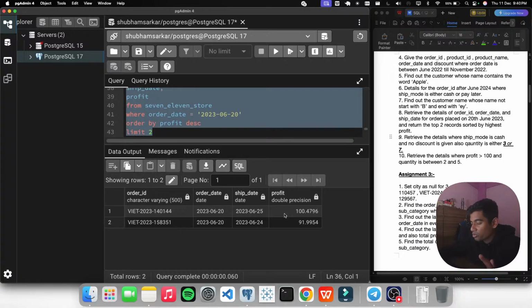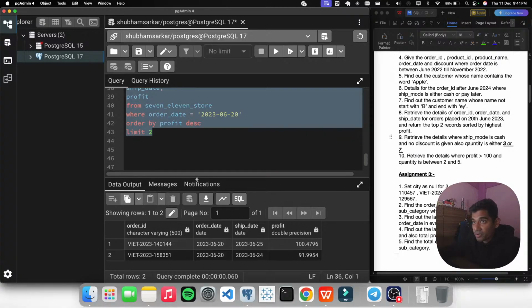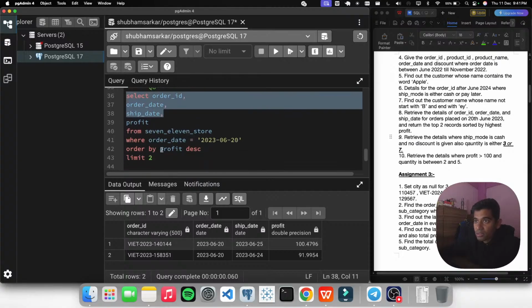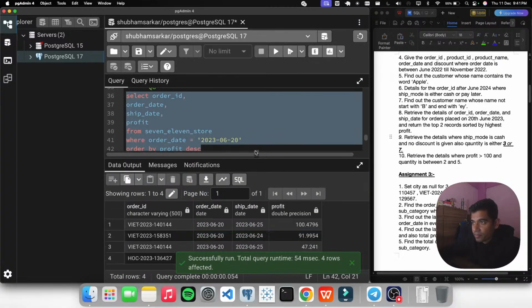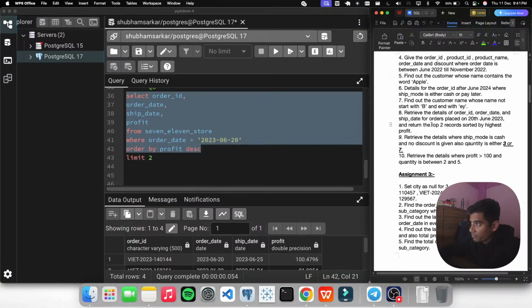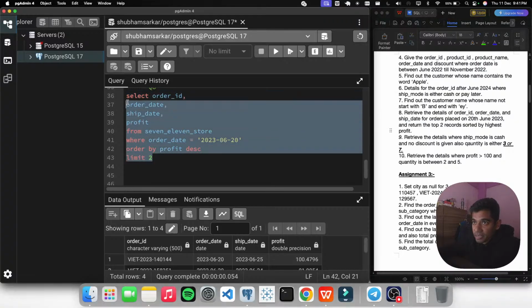Out of the four rows, the profits are 100, 91, 47 and 51. But in our question, they have asked for the top two records by highest profit.